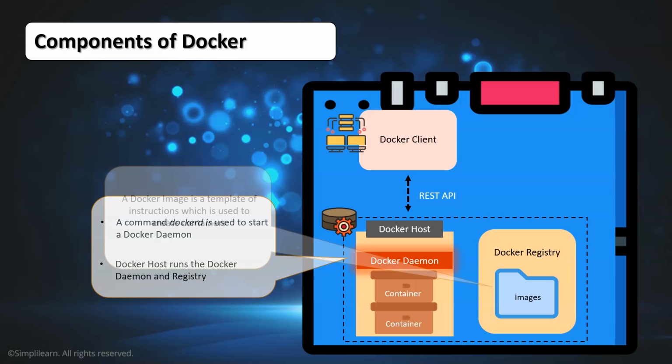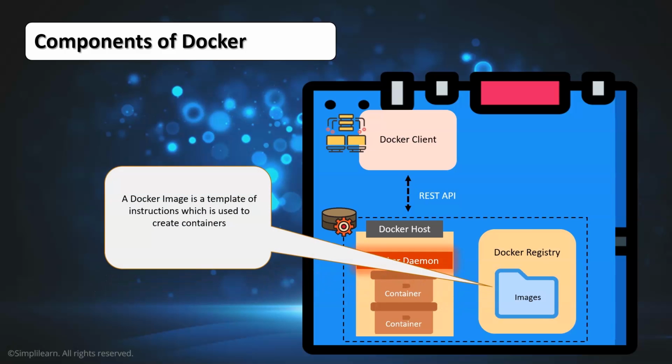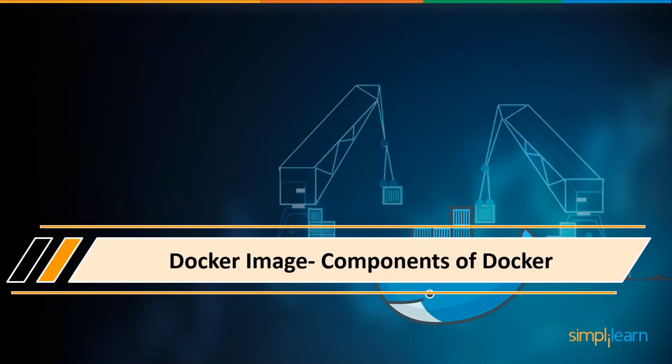And the third component is the Docker registry. We have a ready-made cloud service available, known as Docker Hub. You can store Docker images on these Docker registries. There are a lot of ready-made Docker images available there, but of course you can have your own Docker images over there, or you can have your own custom Docker registries.